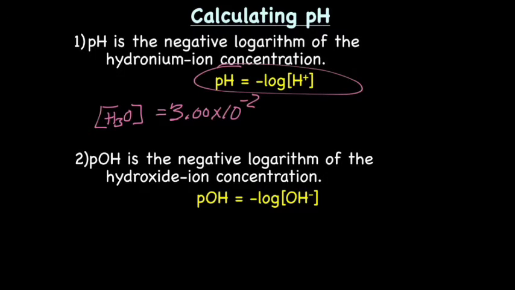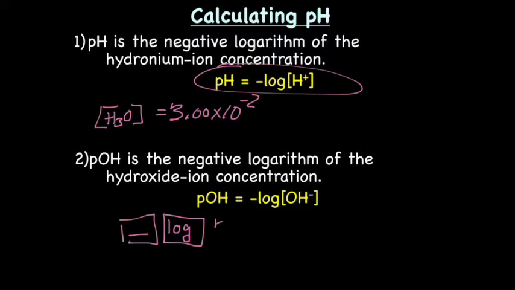For some of you, you will put it in your calculator exactly like the equation. pH equals, so you would put in a negative, use your negative button, and then look for your log button, which for a few of you will be a shift key, but for most of you not.